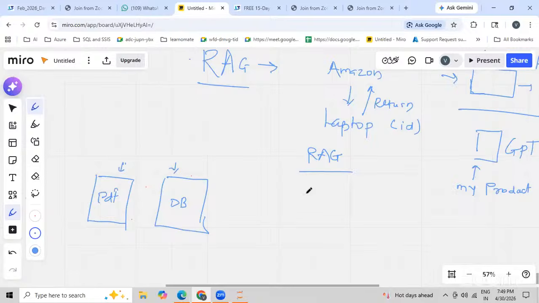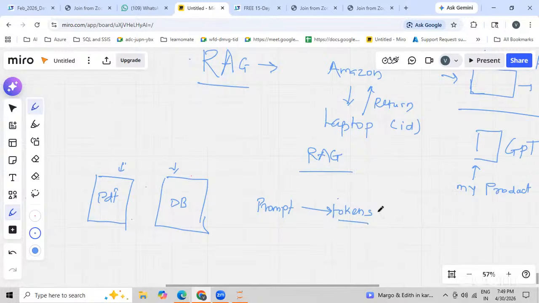Now, what will RAG do? RAG means retrieval augmented generation. When the user provides the prompt, this prompt is first converted into tokens. Tokens mean the prompt is converted into chunks, and then it goes to the embedding part.